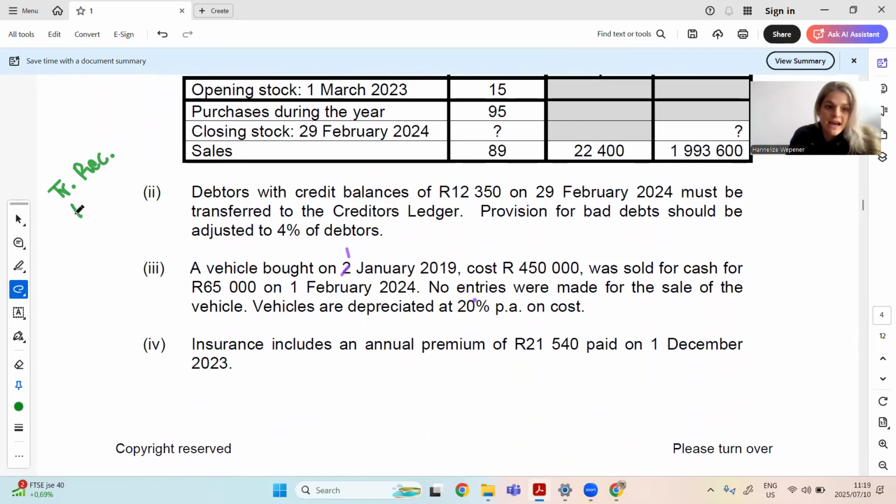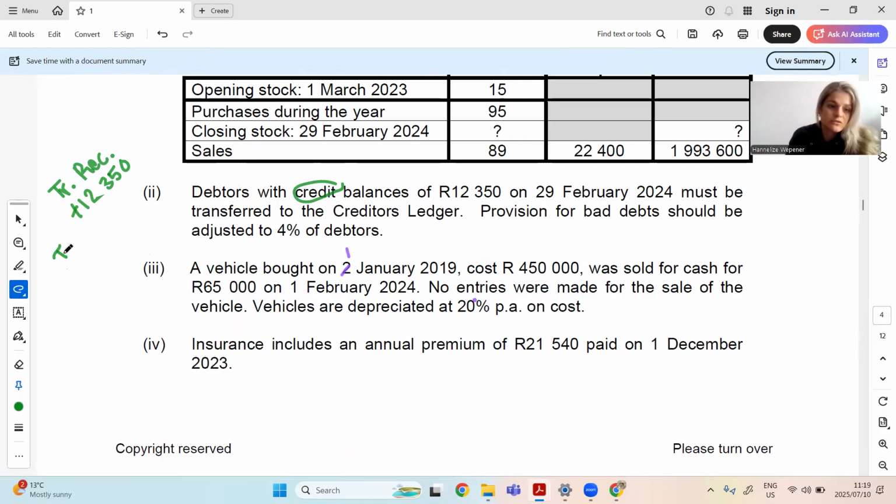There we have to add back the 12,350, because remember in the previous video, I did that ledger account where I showed you if it is currently in a credit, in order to get it out of the credit in the debtors control account, I need to debit the debtors control account. And because debtors control is an asset, whenever I debit the account, it means that I'm adding on to it.